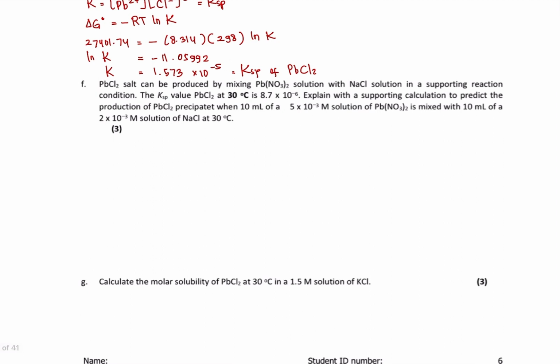So here the PbCl2 salt can be produced by mixing lead nitrate solution with sodium chloride solution. From the lead nitrate solution, we will have Pb2 plus, so this is the source of the Pb2 plus, and from the sodium chloride solution, we have the Cl minus. And here we have the KSP of the PbCl2, but at a different temperature.